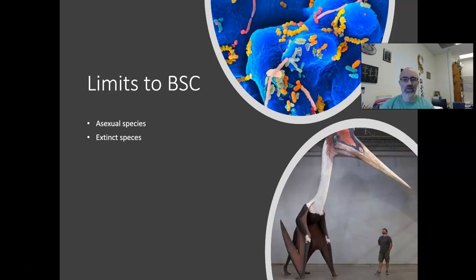We can use the phylogenetic species concept, which says that a species is a group of independently evolving organisms, and that is largely defined by looking at phylogenies or family trees. So basically, if you are on a separate branch of a family tree and you are diverging from the other branches, then you can be considered a different species.